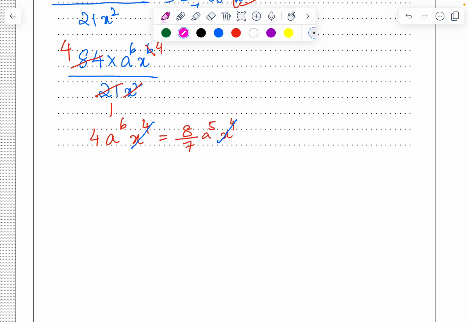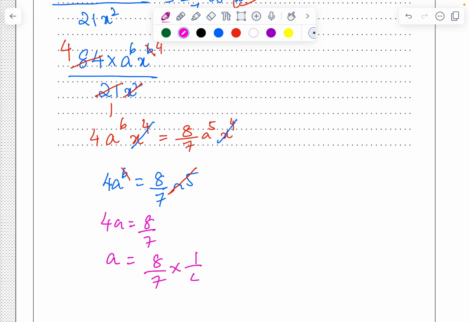So this gives me 4a to the power of 6 is equal to 8 over 7 a to the power of 5. So I can cancel a power 5 and this 6, so 4a is equal to 8 over 7. A is equal to 8 over 7 divided by 4 on both sides, right? So answer is 2 over 7.